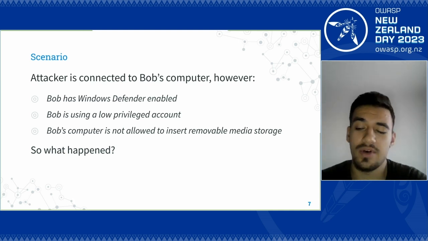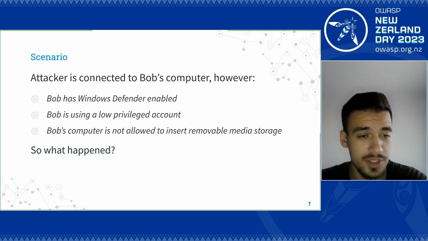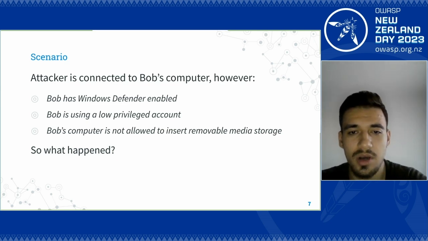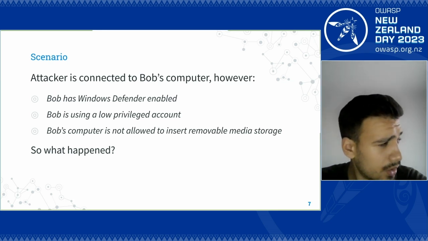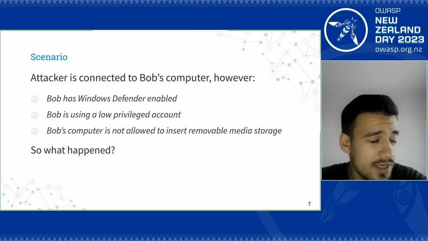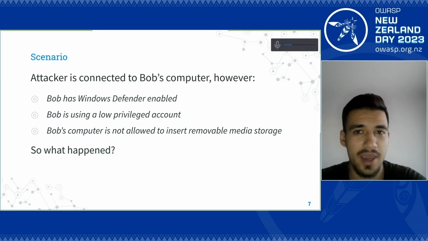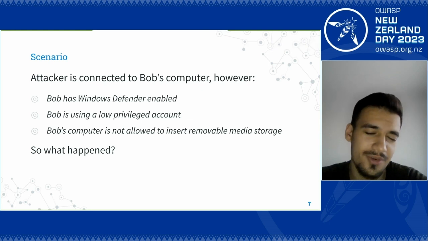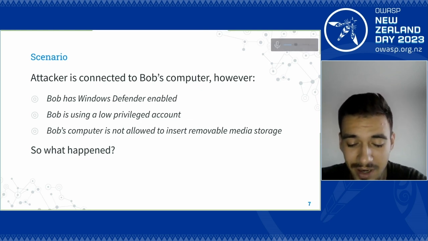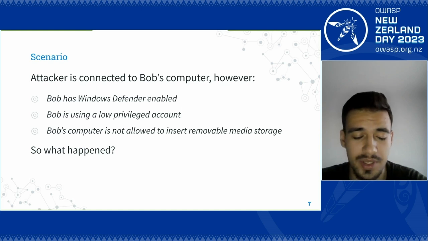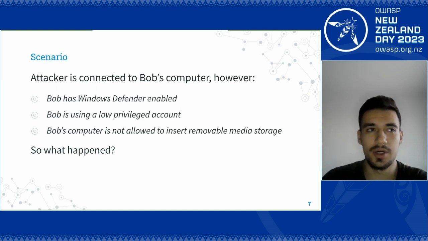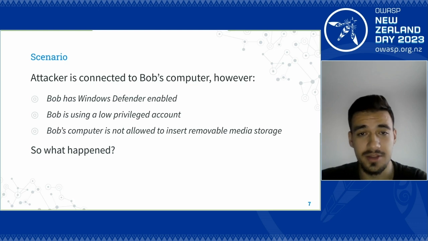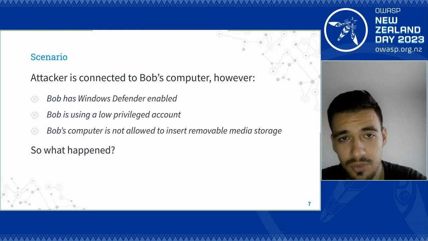And we also have a company-wide policy that disallows removable media storage. So basically, what did that USB do in order to make this attack successful with all those measures in place? We'll see during the next slides what the sequence of attacks was, because there is more than one technique embedded into this payload that we will be creating.